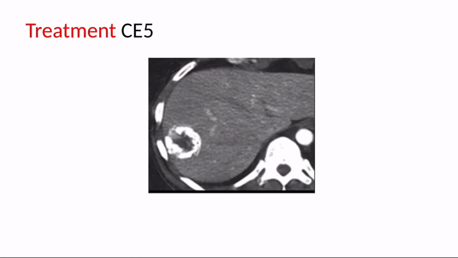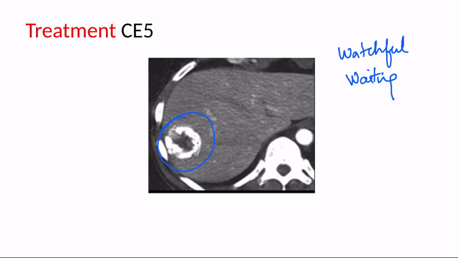Now the CE5 stage is basically the inactive stage, this is a dead cyst. So in the CE5 stage, you do watchful waiting, meaning you don't do anything, as the cyst is probably completely dead, there are no scolices produced and no daughter cysts alive in there.